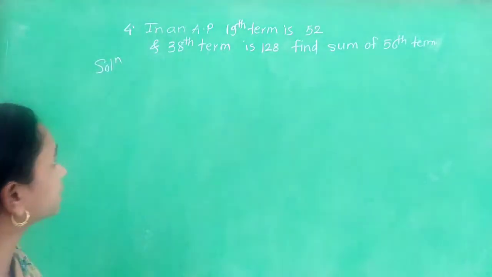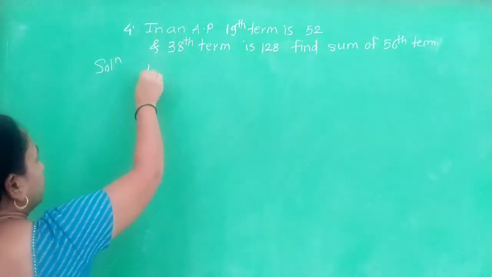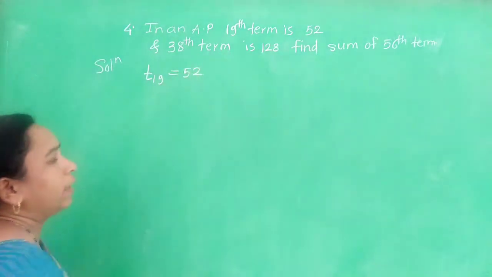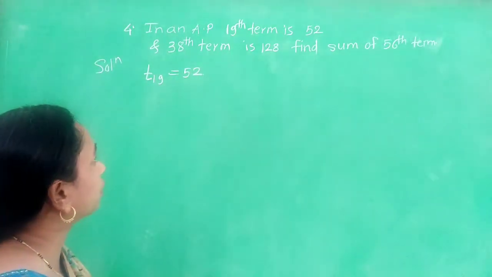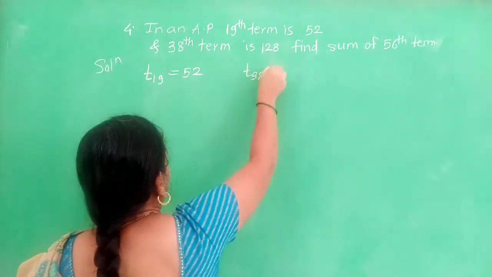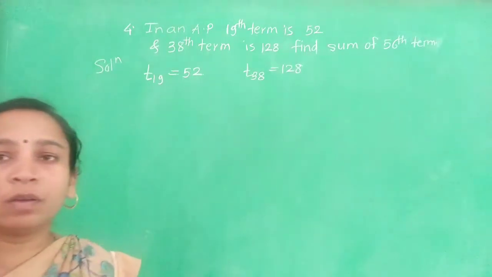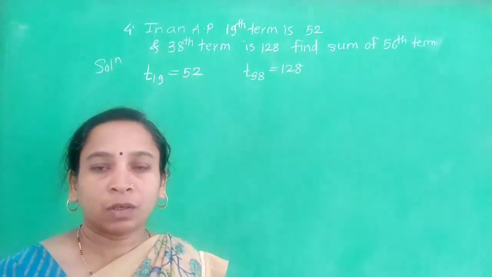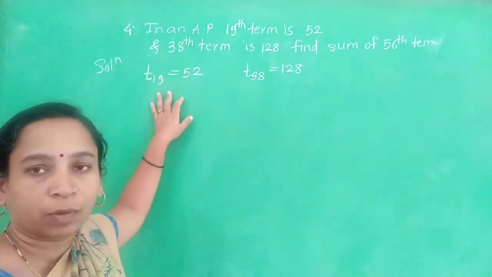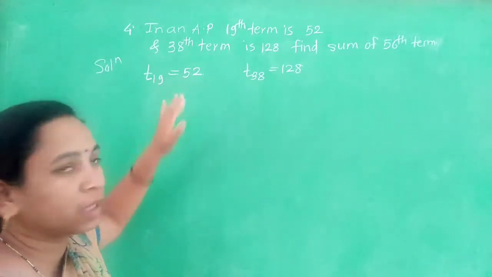Here in the fourth example, in an AP, the 19th term is given as 52, meaning T19 is equal to 52. And one more term is given, T38, whose value is 128. So we have to find out the 56th term. To find this, we will use the Tn formula.